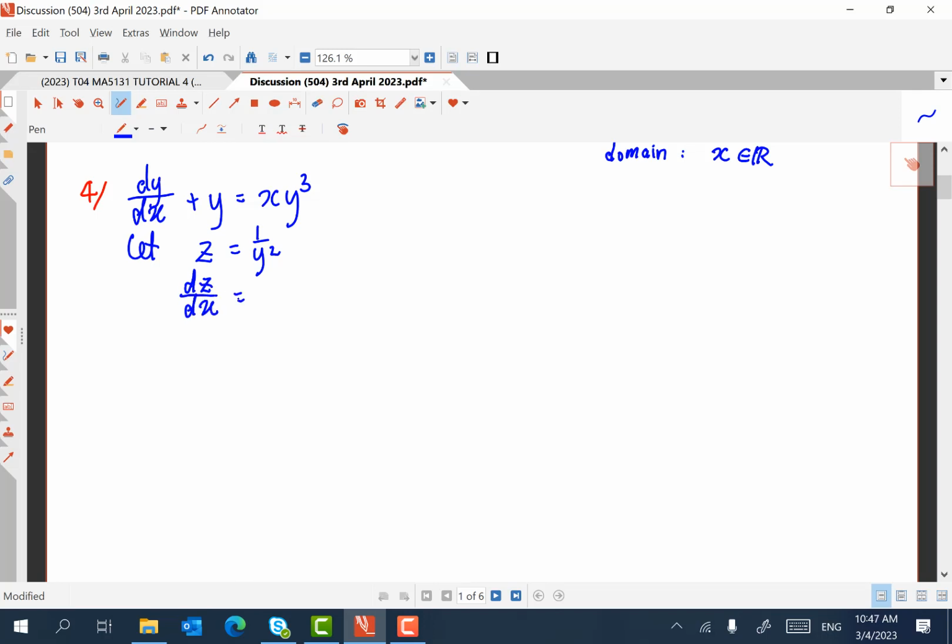Okay, let's hear from the class. When I differentiate z, I get dz/dx. How about the right hand side? Is that all? Right.